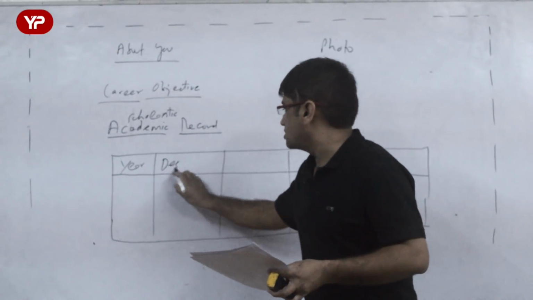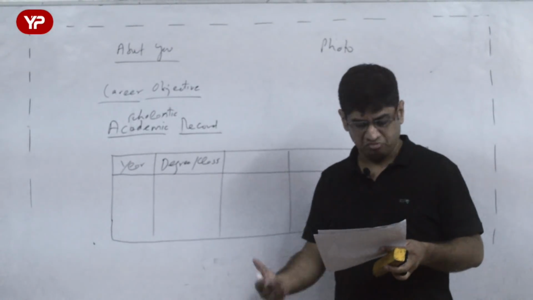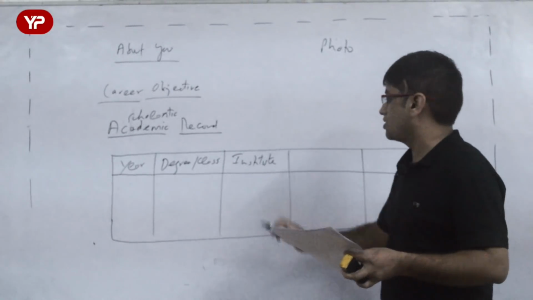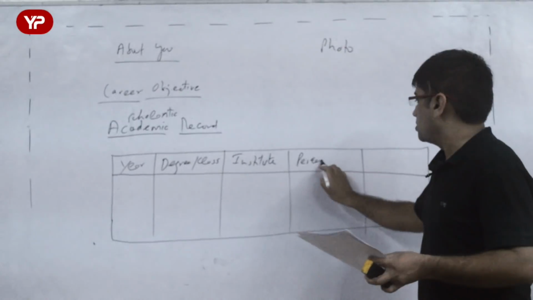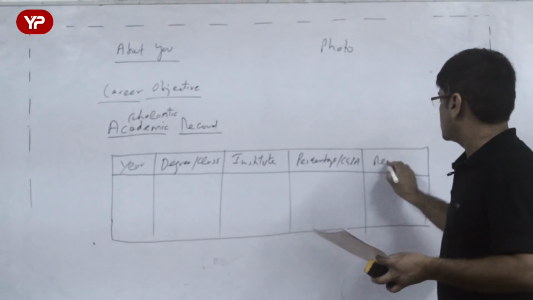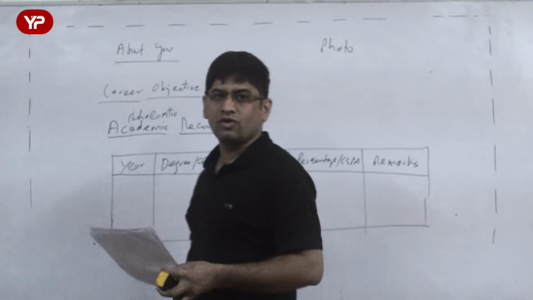Then you will write the degree or class you are talking about. Then the institute you are representing will come here. Then will come the percentage or CGPA. Then will come the remarks, whatever remarks you want to add. So these are the columns we are going to get.